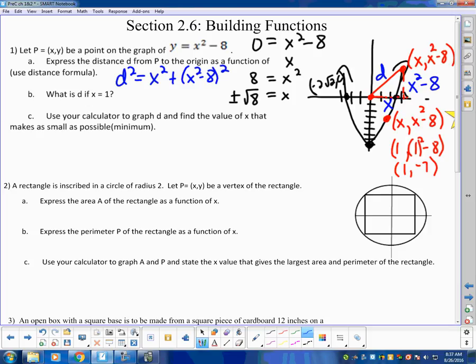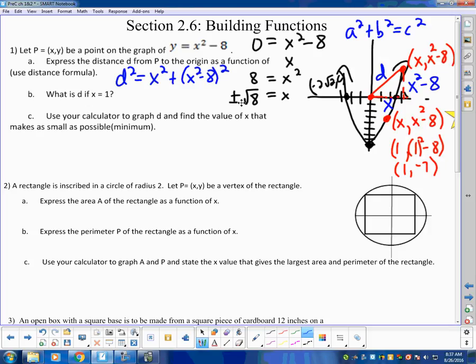Remember, Pythagorean theorem says a squared plus b squared equals c squared. That's my base equation. And what I've done here is I've called a my distance x out from the origin, and I have called b my distance x squared minus 8, whatever I get when I plug in the x, and then c I have called d.